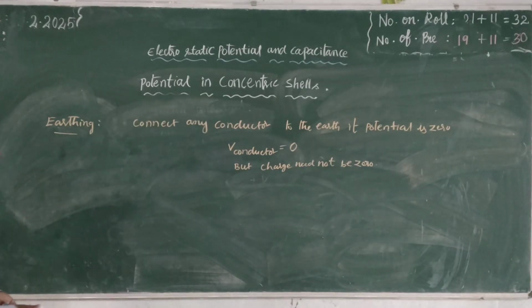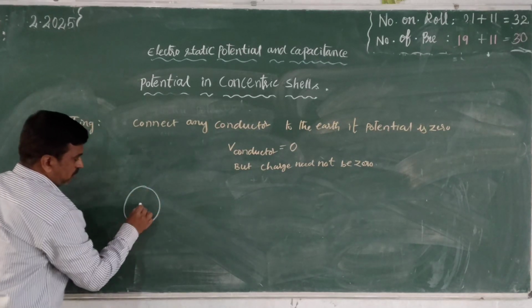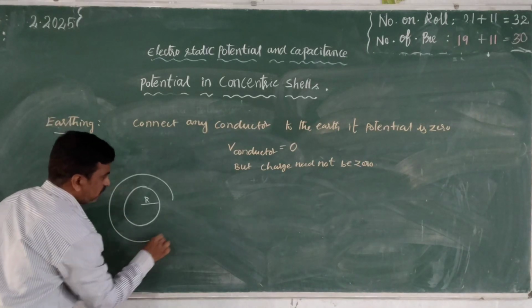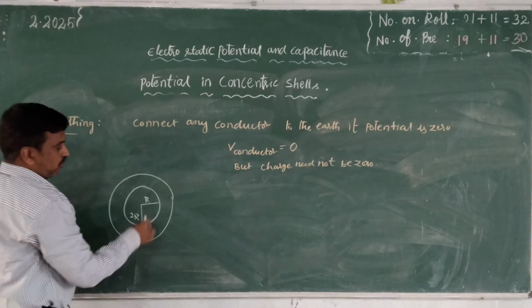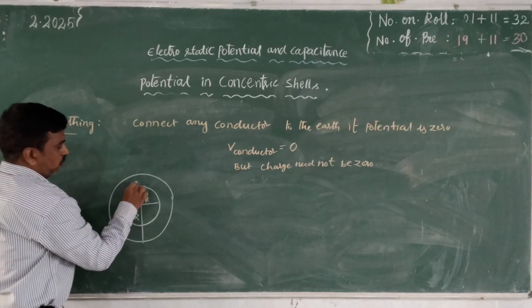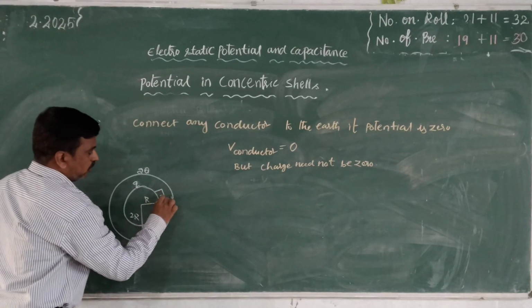For example, here is the first sphere, its radius is r, and another one here with radius 2r. Here the charge is q, and here 2q charge, and it is connected to earth.